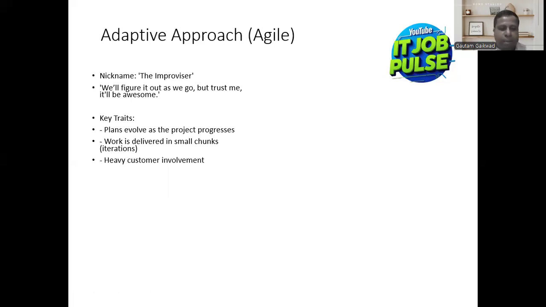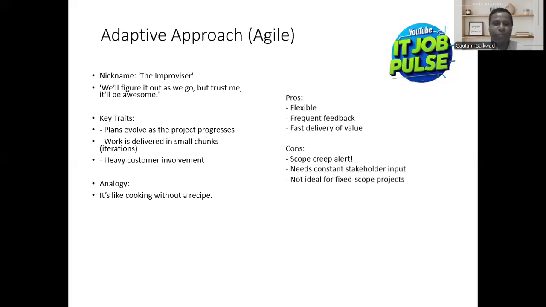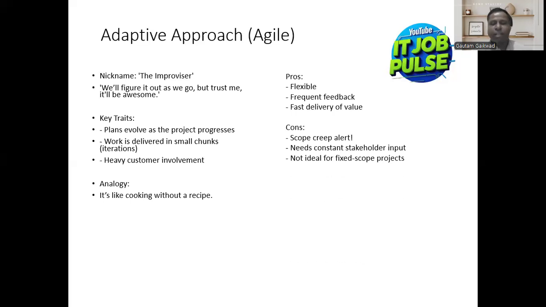Adaptive approach, heavy customer involvement. Okay. So we have involvement of customers. The analogy is like cooking without a recipe. There are some pros: flexible, frequent feedback, fast delivery of value.